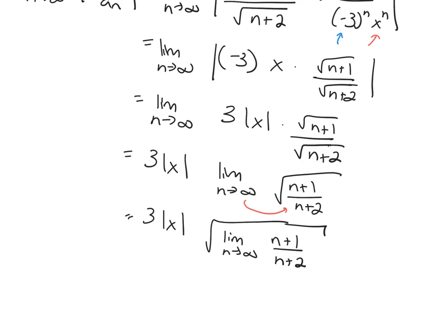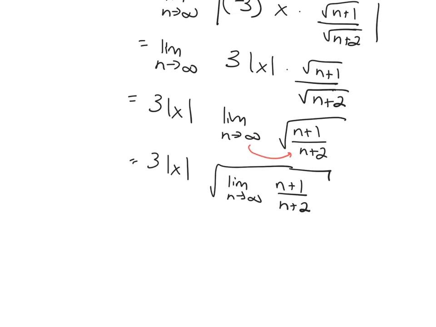And I need to know what that limit is. So you can use L'Hopital's rule, but there's also a shortcut. When you have a polynomial over a polynomial, you can compare the degrees. What's the degree of the numerator? 1. Degree of denominator? 1. So they're the same, so you take the ratio of the coefficients of the highest degree term.